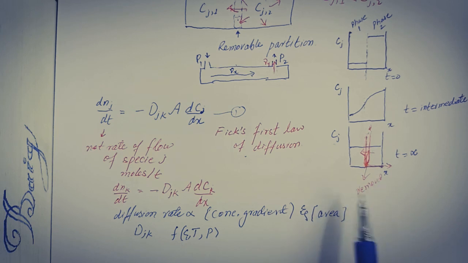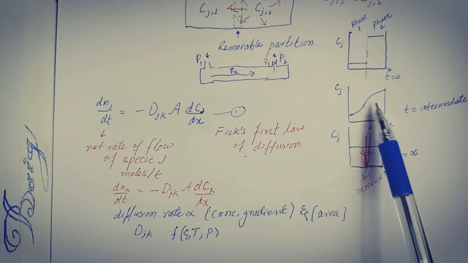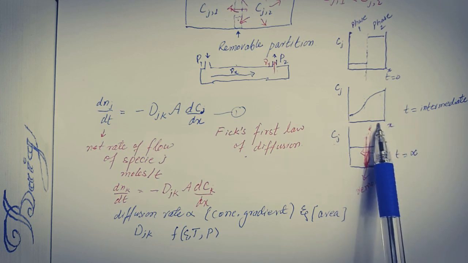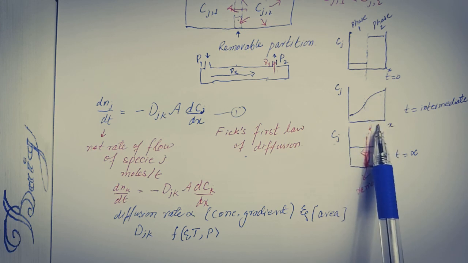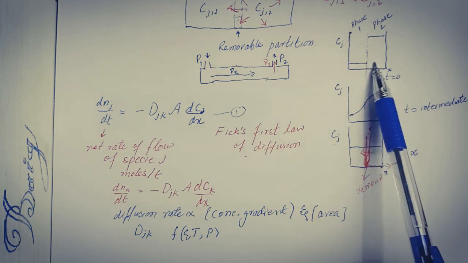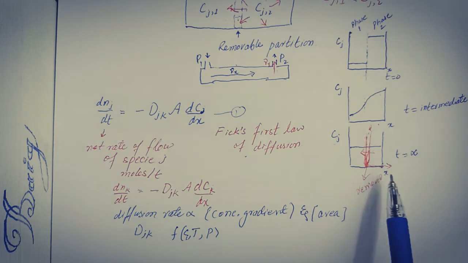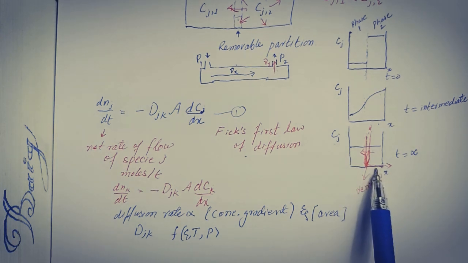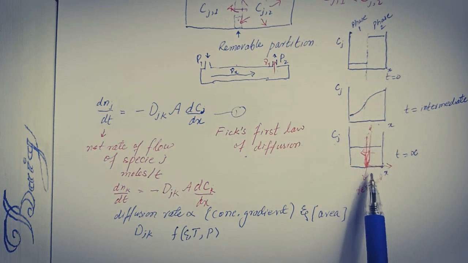So here we have seen that in the diffusion experiment, we measured the concentration with respect to distance. So here concentration is a function of distance at time t. For a particular value of x, we can have different values of the concentration at different times.